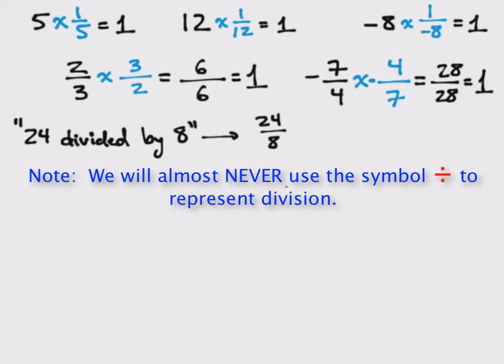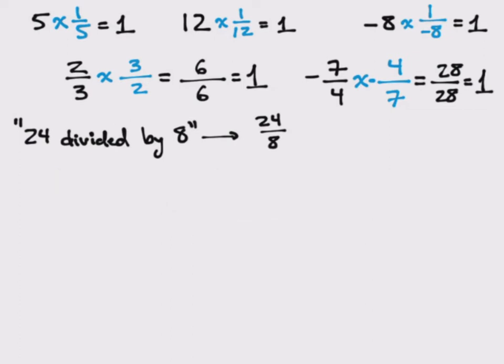It's a little bit cumbersome, and we are rarely ever going to use it. Almost all of the time, we're going to use a fraction to represent division. So in this case, 24 divided by 8, 24 over 8, that's 3, because 24 divided by 8 is 3. Or for instance, negative 42 over 6 means negative 42 divided by 6. 42 divided by 6 we know is 7, and so we have negative 7.